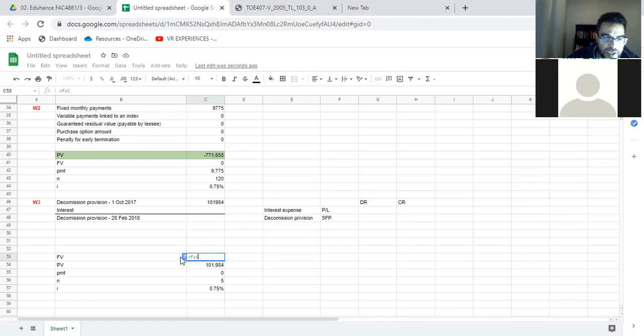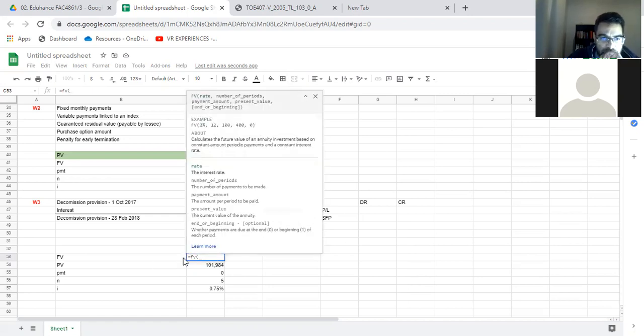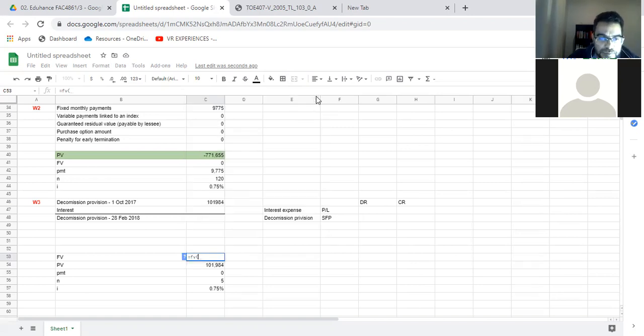I just want to see quickly what I need. So the future value needs rate, NPER, PMT and PV, and then remember payments happen at the end of the period, so I'll make that 0.